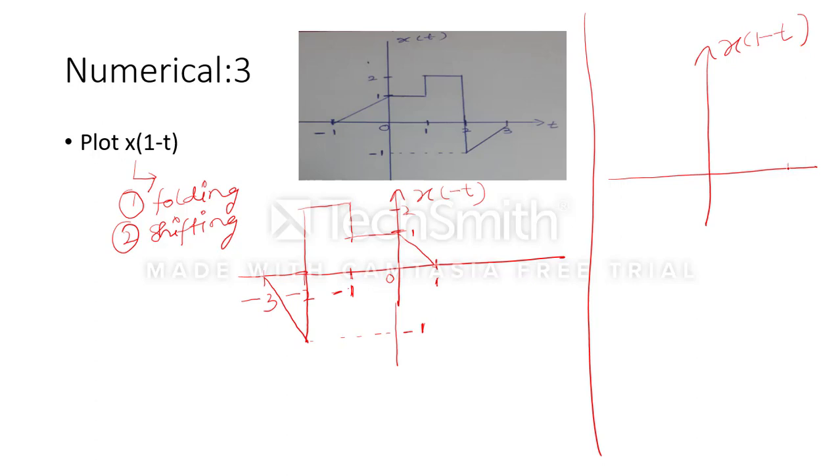So 1 becomes 2, then 1, 0, minus 1, minus 2, minus 3. Then the magnitude will be 1. From here it is going to start, go straight down and touch minus 2, and on the negative side the magnitude will be minus 1. Here it is 2. In this way my final signal will look like.